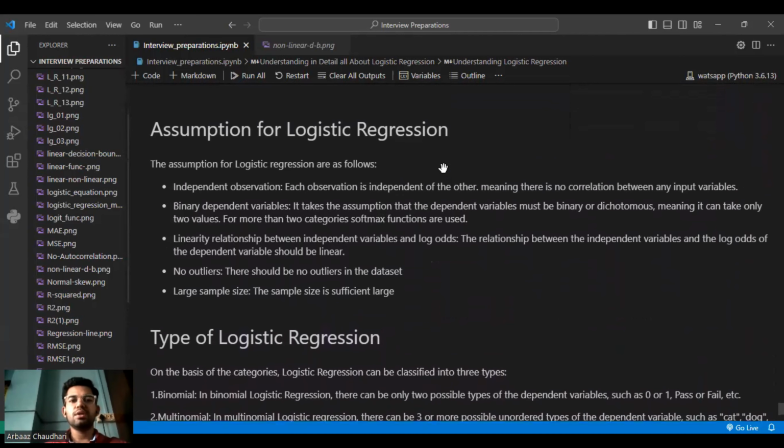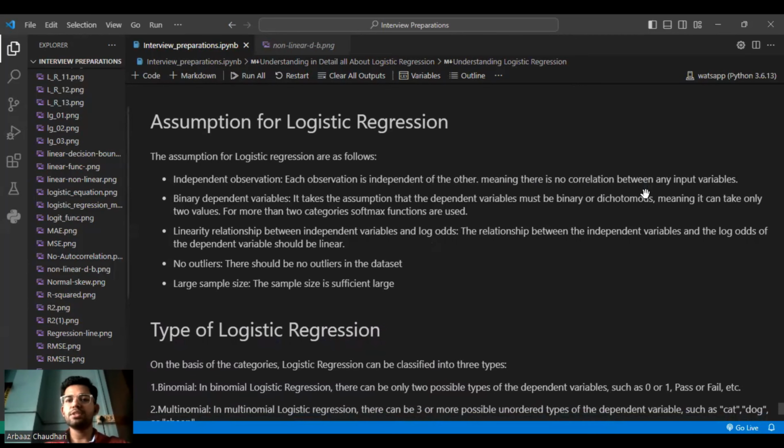In linear regression, there was linearity which we were trying to find out: x and y should be separable by a single line. But here it is written that each observation is independent of the other, meaning there is no correlation between any input variables.